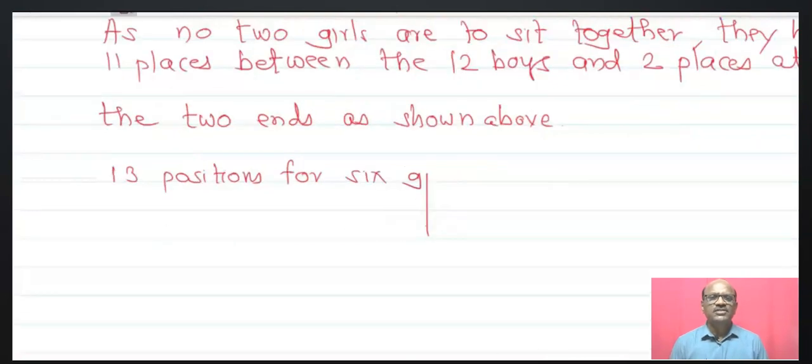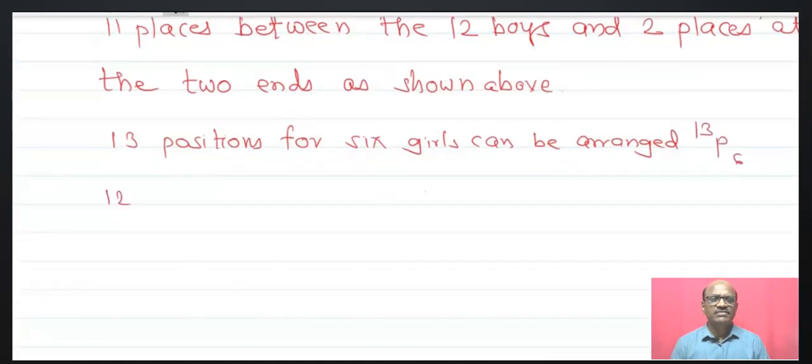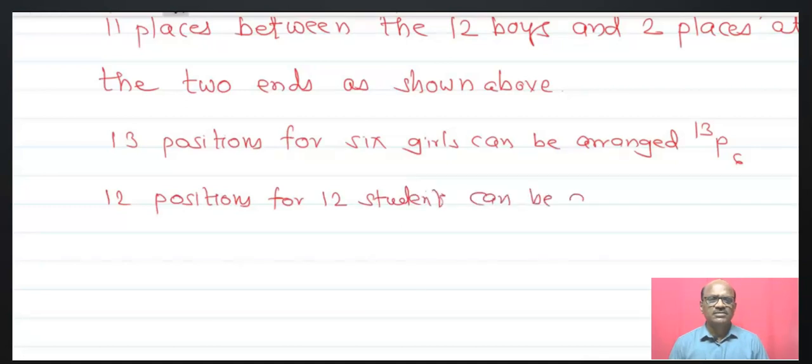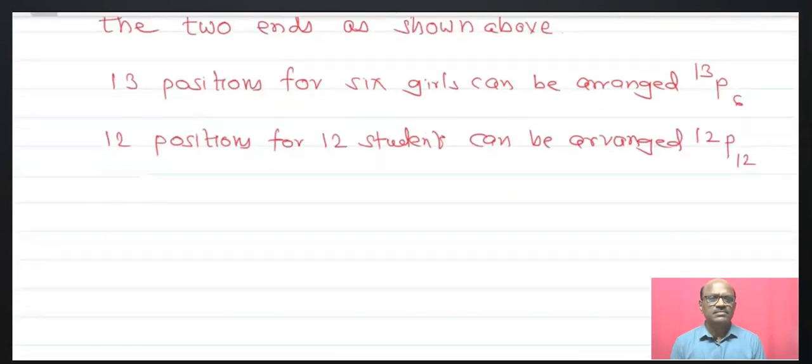Therefore, 13 positions are for the 6 girls. 13 positions for the 6 girls can be arranged in 13p6 ways. And the 12 positions for 12 students can be arranged in 12p12 ways.